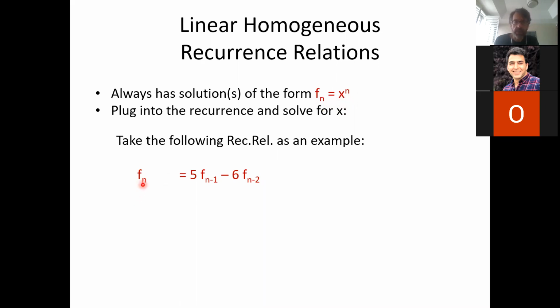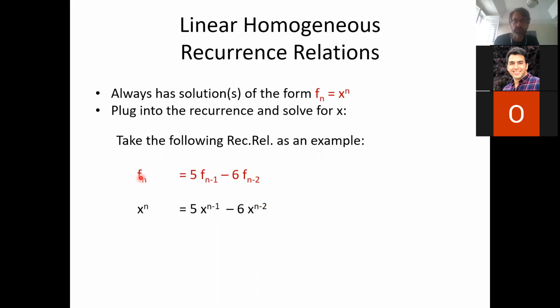So what happens if that's our hypothesis for what Fn is? Well, we plug it in. If Fn is indeed x to the n, then Fn minus 1 would be x to the n minus 1th power, and Fn minus 2 would be x to the n minus 2nd power.